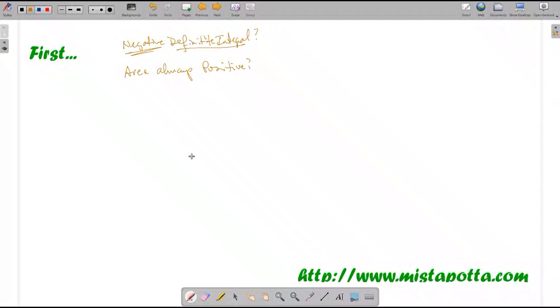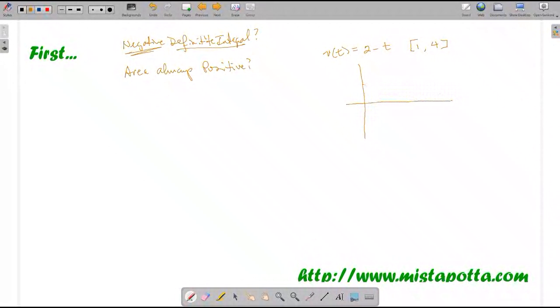For example, let's say that I was to tell you that the velocity at a particular time was equal to 2 minus t, and I wanted to figure out what my position was from 1 to 4. Well, I'm looking at the graph of my function, v of t equals 2 minus t.